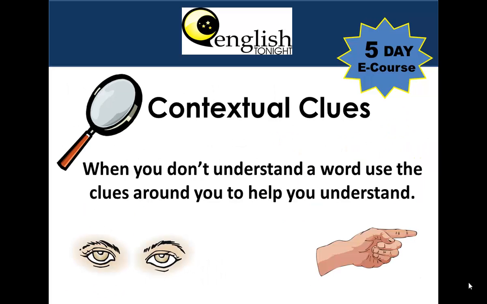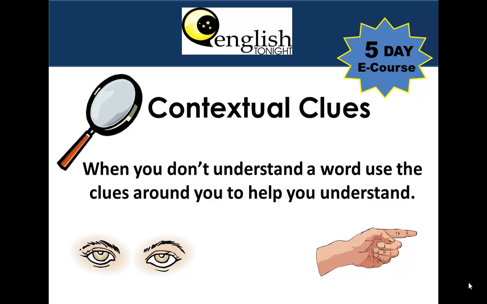Also, use contextual clues. Well, what is a contextual clue? A contextual clue is clues of what is going on. So if you hear someone speaking in English and you really didn't understand everything, you can look at the person, look at their eyes.